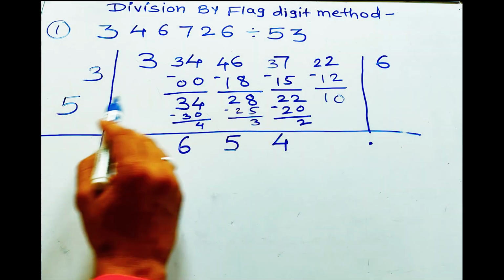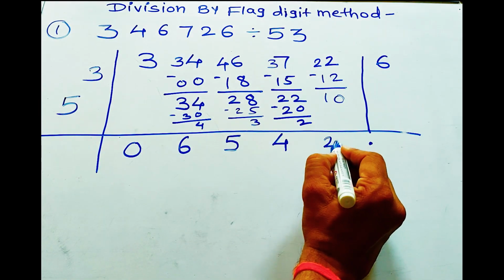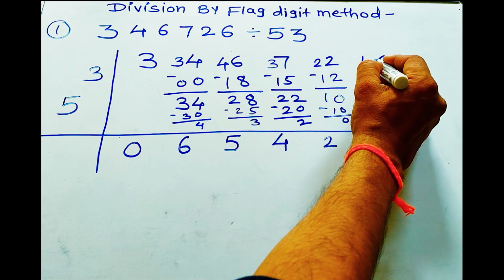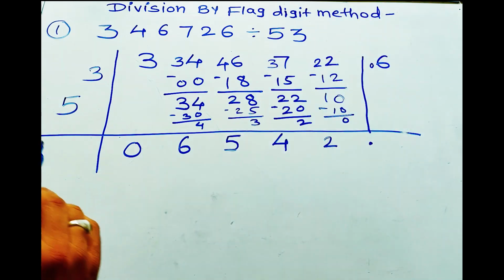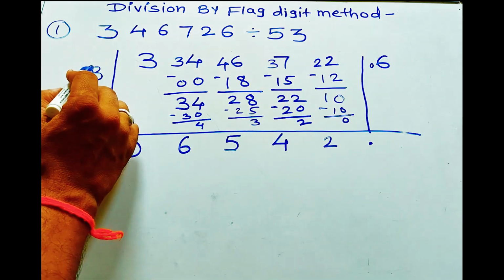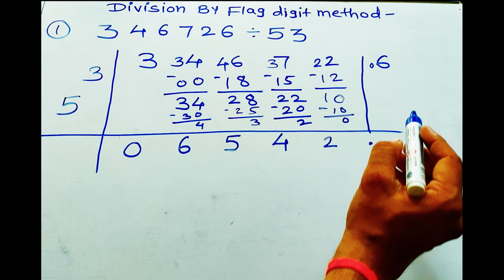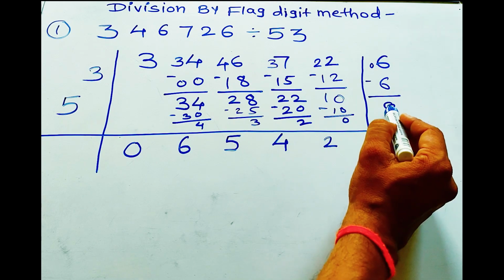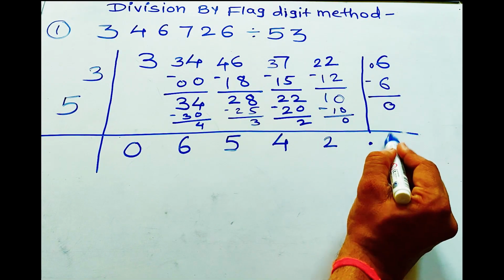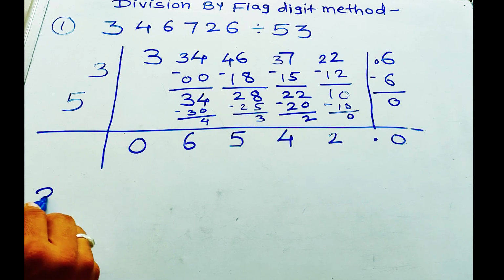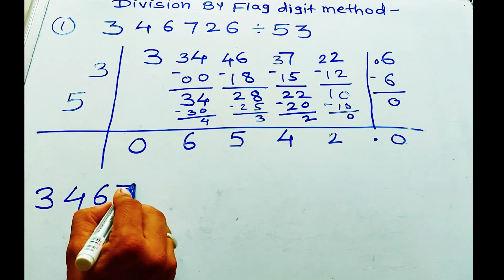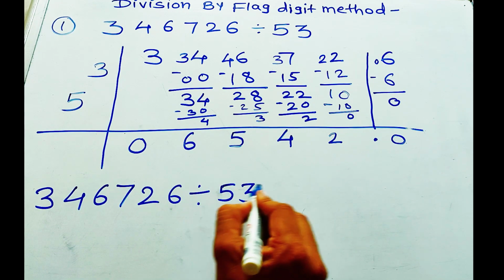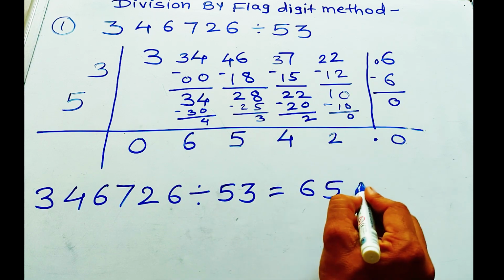So this 10 divided by 5, 5 twos are 10, 10 minus 10 is 0. We write 0 here, then 6, 6. Then the product of 2 and 3, 2 3s are 6, so 6 minus 6 is 0. Divide 0 by 5, 0. So our answer is 3,46,726 divided by 53 equals 6,542.